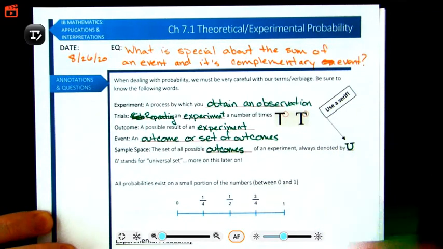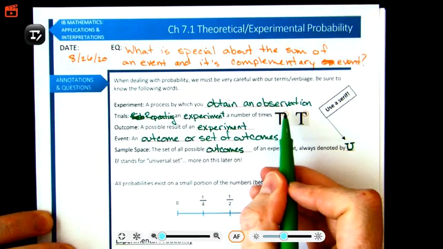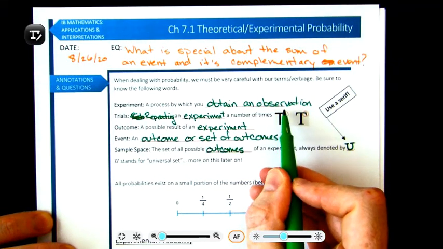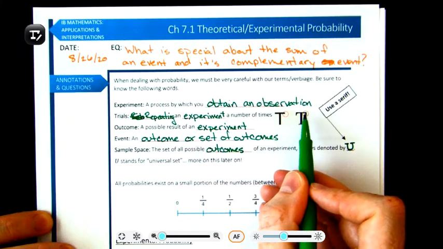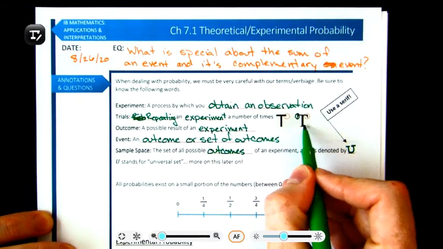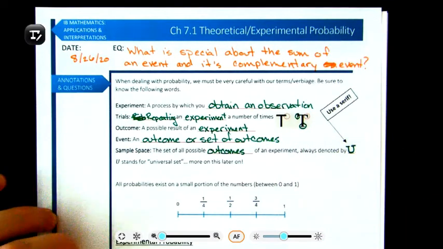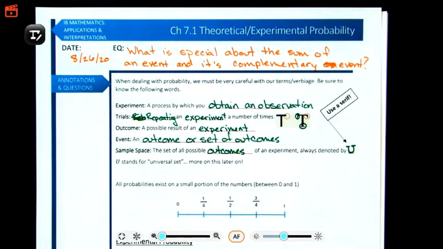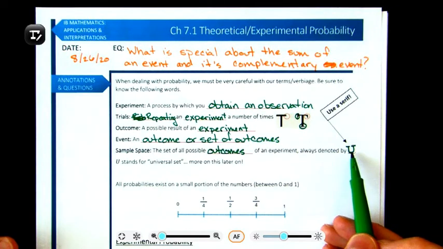Serifs is exactly what this little picture says. This is sans serif, like the font you may know. A serif is this tiny little line that you put on all the ends. So there's one here and one here and one here. So sans means without. So sans serif means a letter that doesn't have those little lines. So you want to draw this little U. Okay, and that denotes the sample space.